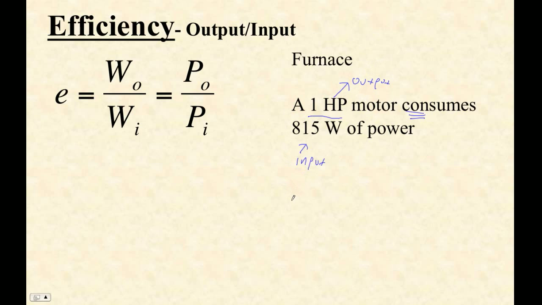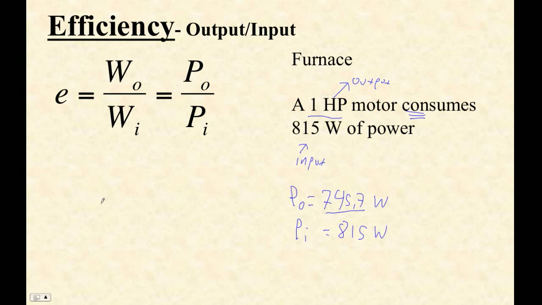So the power output, right, is 745.7 watts, because that's what a horsepower is in watts, right? And the power input is 815 watts, right?